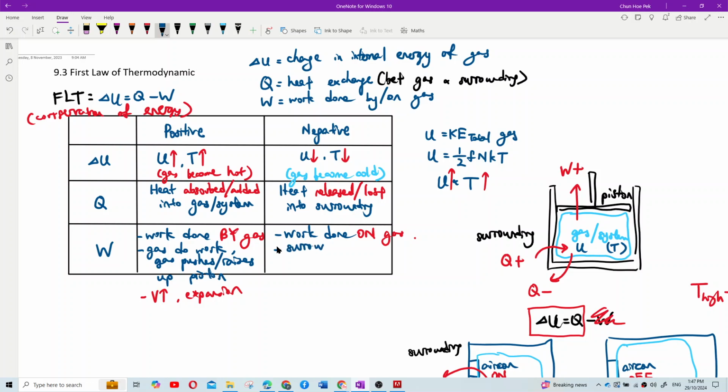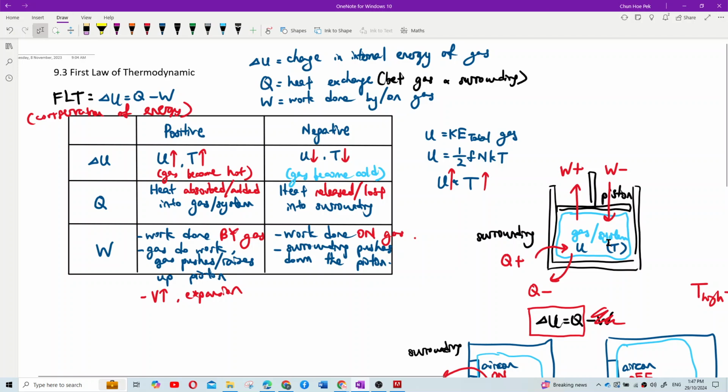Surrounding or human pushes down the piston. Who pushed the piston down? Cannot by the gas. It's the surrounding push down the piston. Or the human push down the piston. The gas is being compressed.